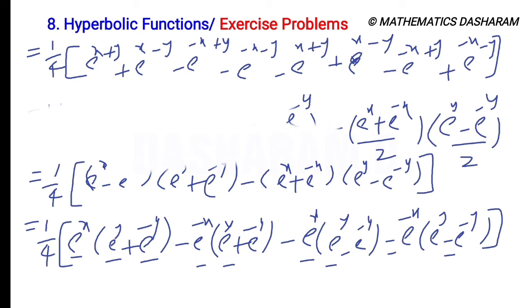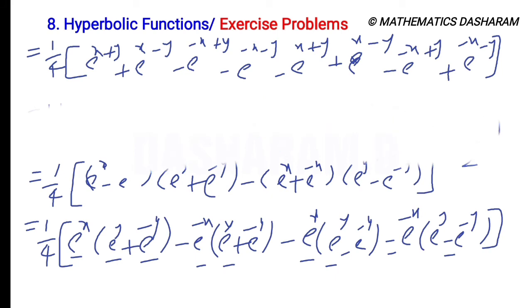So now it is equal to 1 by 4 into, here e to the power of x plus y and here e to the power of x plus y both are cancelled. Next, minus e to the power of minus x minus y plus e to the power of minus x minus y cancel.